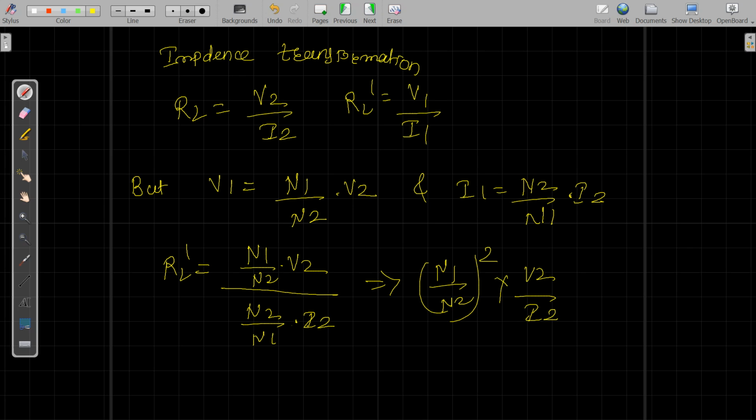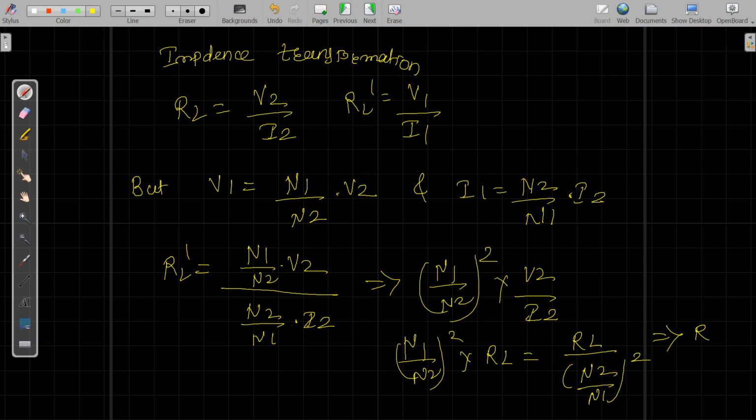Now we know what V2 by I2 is: it is nothing but our RL. So I can write that as RL by N2 by N1 whole square, and that can be rewritten as RL by N square.